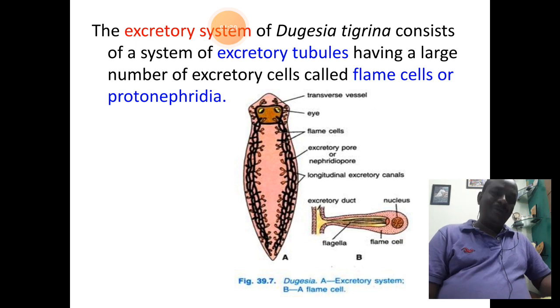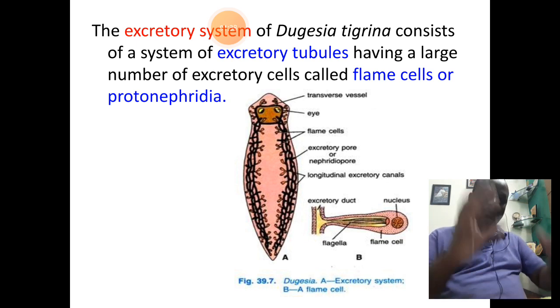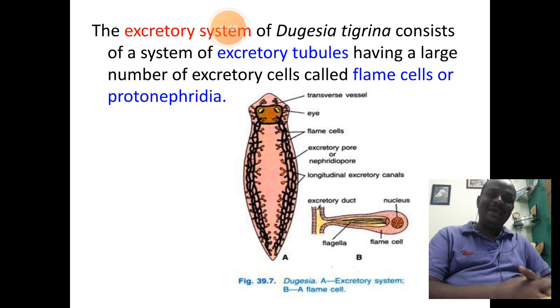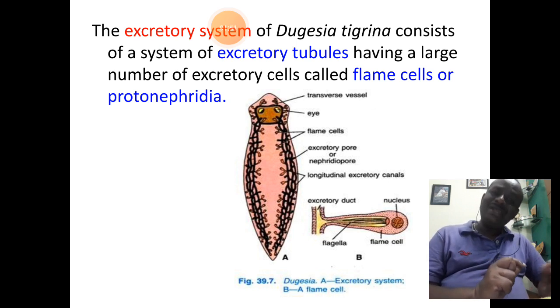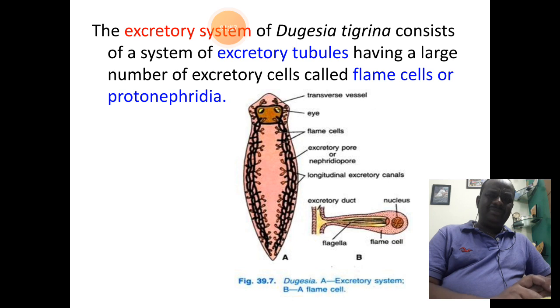So, down in the picture, you can see these two important parts. Number one, excretory tubules, tube-like structures seen towards the lateral side of Planaria, and towards the right side of the slide, one unit of flame cell is seen.